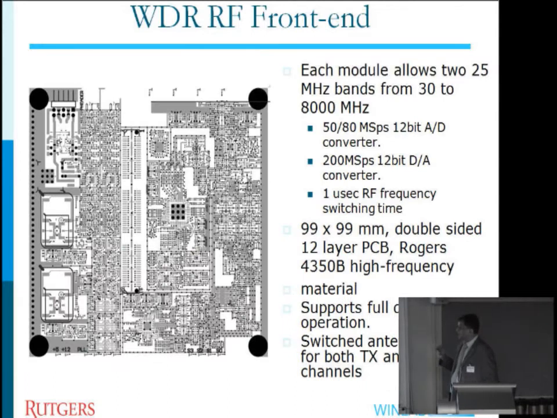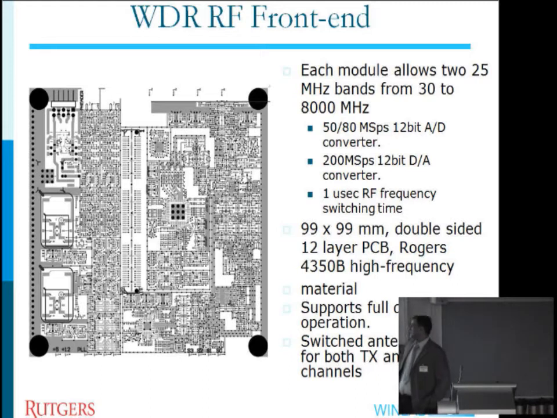Just to flash the board, and this is last night's picture. This is the RF front-end board. As you can see, it's a fairly large complexity of the board. 12-layer PCB. I don't even want to know how much effort went into designing this board.